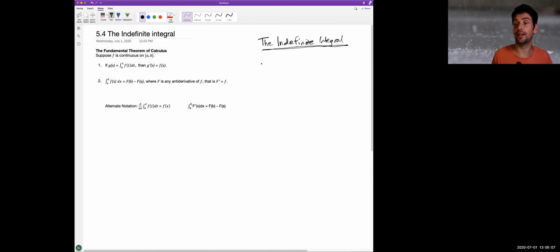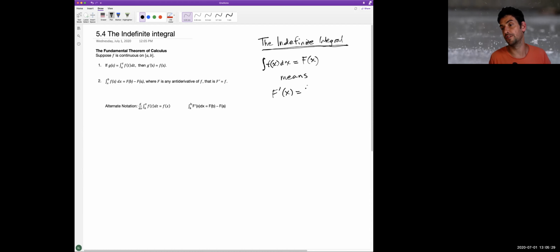So what I mean by that is that we will write, so here's my integral symbol, but notice there's no bounds on it. If I write the integral of f of x dx is equal to capital F of x, this means that capital F of x's derivative is equal to little f of x.